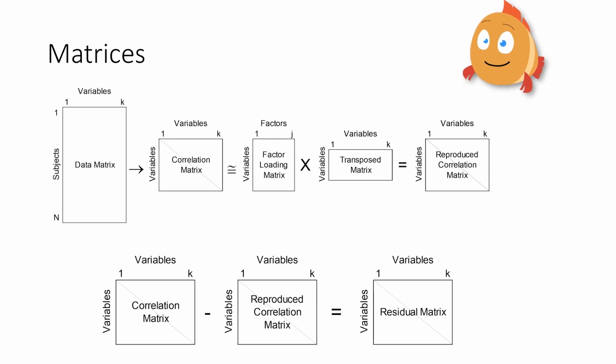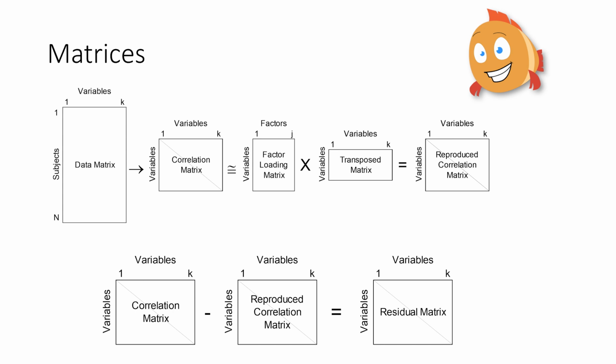We also have a transposed matrix that allows us to relate our factor loadings to our overall data structure. And these combine to the correlation matrix that our model estimates. All right? Our factor model is giving us an estimate using our data.